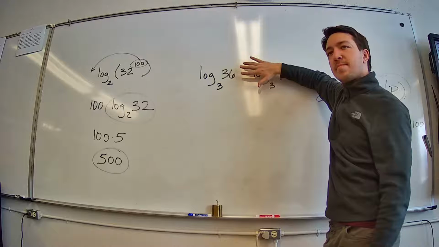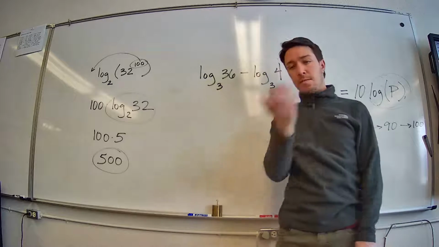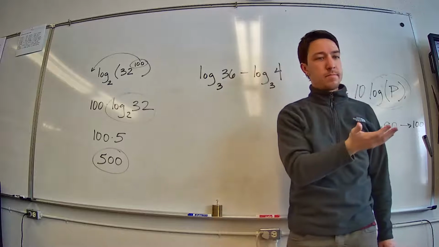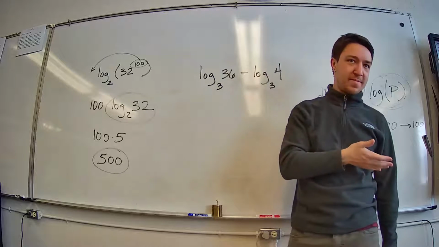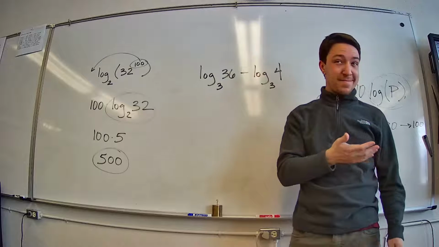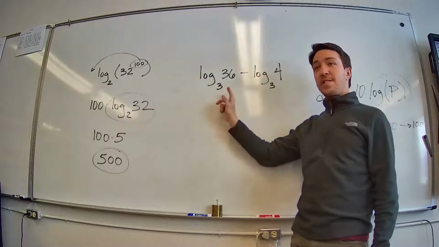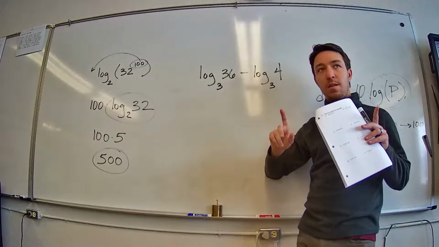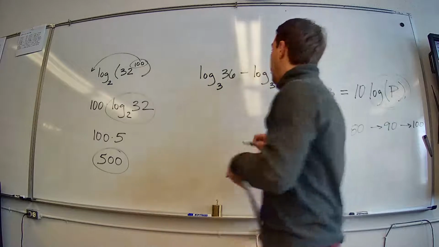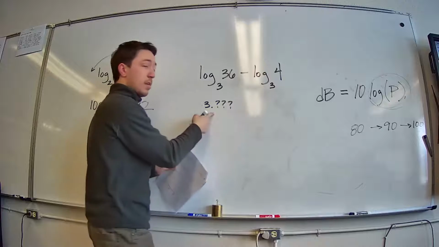Is it a nice number? Is it a whole number? Can you raise 3 up to what's 3 to the 2nd power? Okay, what's 3 to the 3rd power? And 3 to the 4th power? 81, good. So we know that this number, log base 3 of 36, is between what two numbers? Yeah, we know it's between 3 and 4, so it's 3 point something, right?